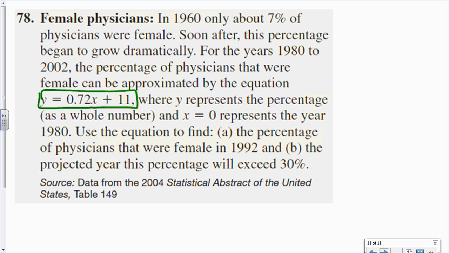All right, so part A, I want to find the percentage of physicians that were female in 1992. So first of all, it gives me 1992, which is a year. Are years X or Y? X, okay? But I have to know X equals 0 represents 1980. So what would I plug in for X if I want 1992? 12. Good, 12.